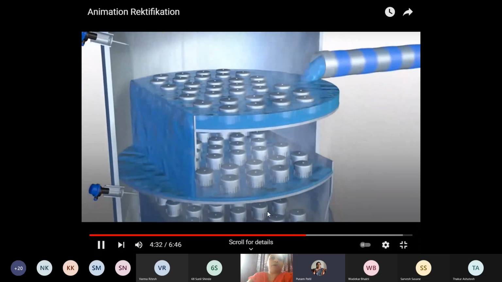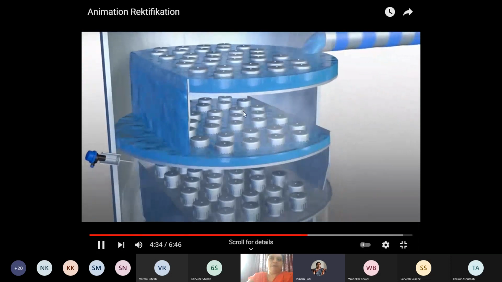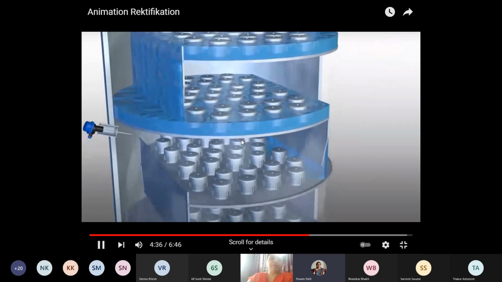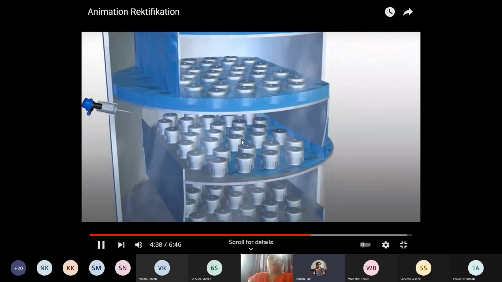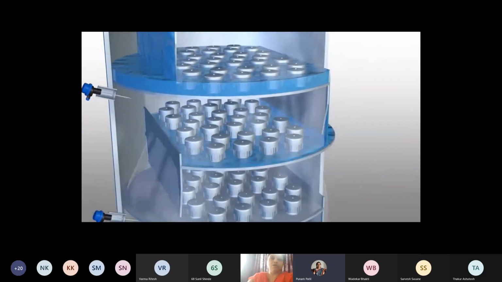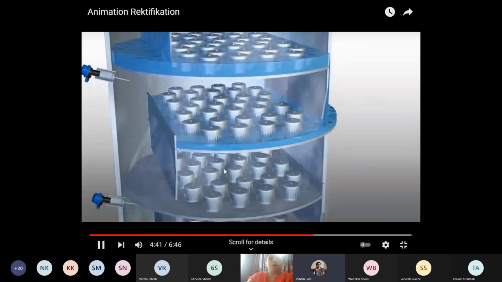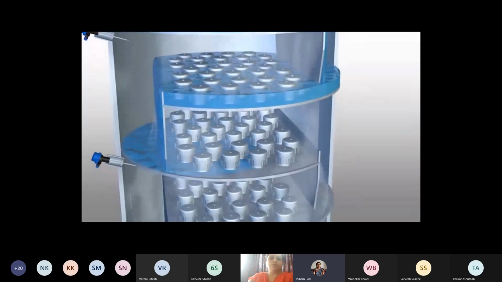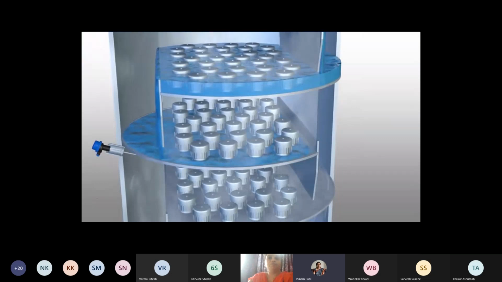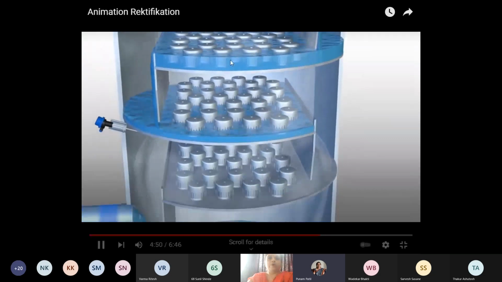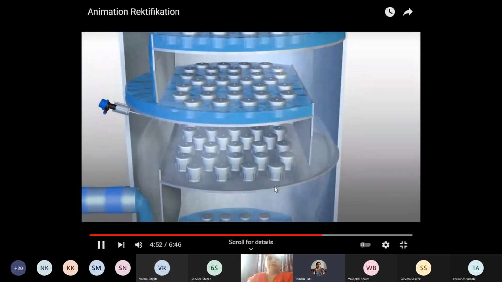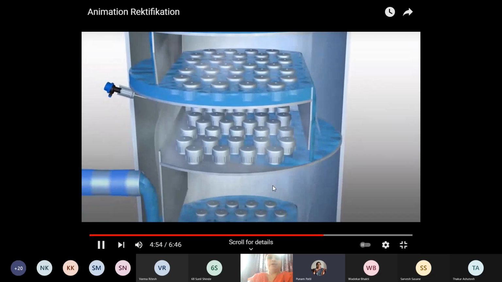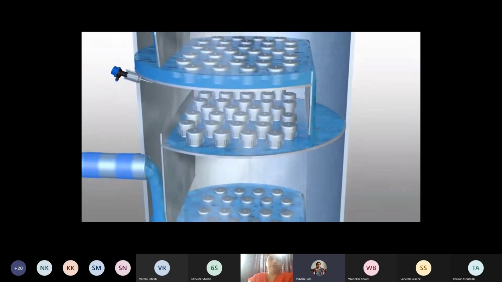In doing so, as the vapor is passing up, it mixes with the liquid. So heat transfer is there, and because of that, mass transfer is there. So we can say the top trays have more constituents of the more volatile component, whereas the bottom trays contain more of the less volatile component.